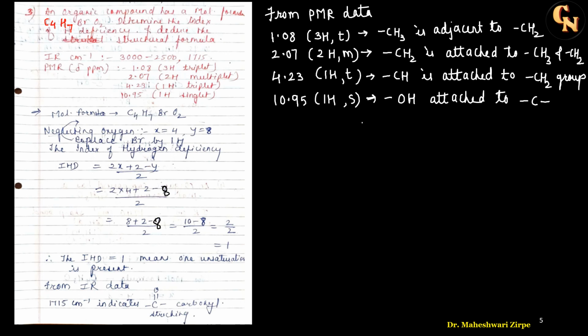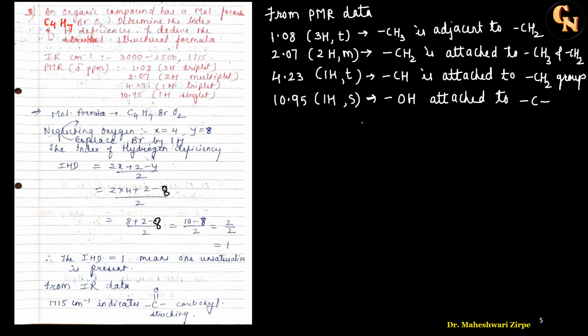Remember, in IR data, 1715 always indicates carbonyl stretching. Next, let us see what your PMR data is. The PMR data indicates 1.08, for which they have given 3 hydrogens.